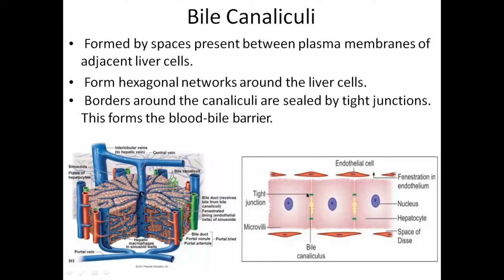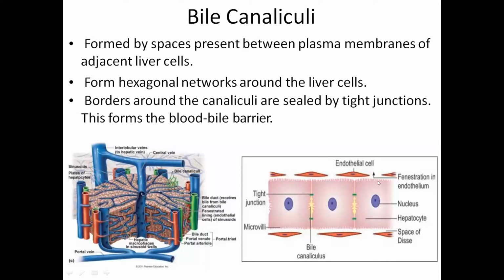These are sealed by tight junctions. They form a blood-bile barrier. They prevent the mixing of bile with the blood because there is the space of Disse. That space is present between the endothelial cells of the sinusoids and the hepatic lamina.